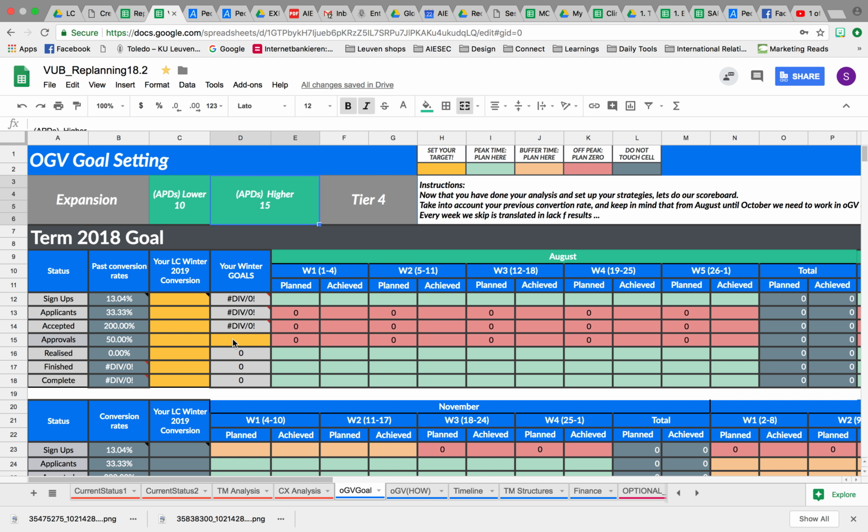For OGV, we are planning from approved. For IGT, you will see that you're planning from realized, basically because of the different product cycles. So the yellow tabs are the first ones that you need to fill.